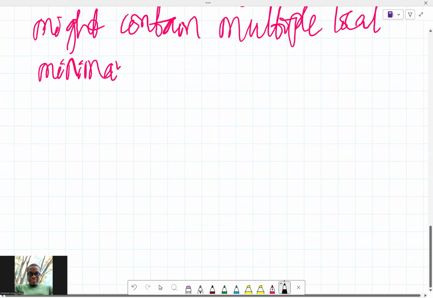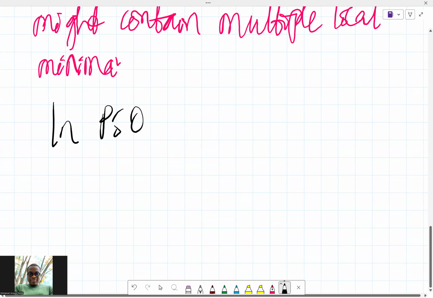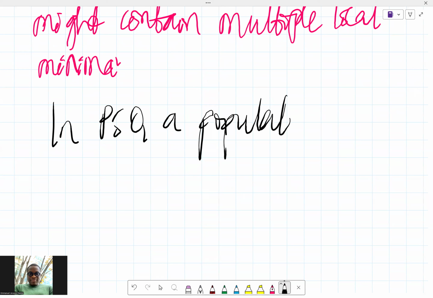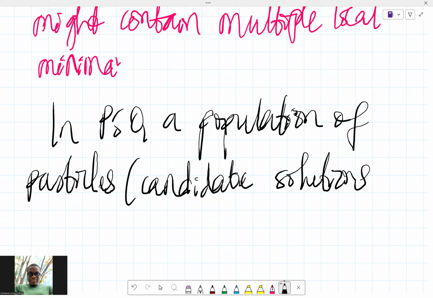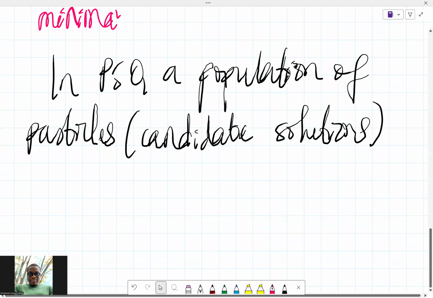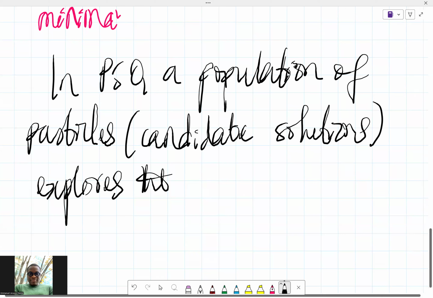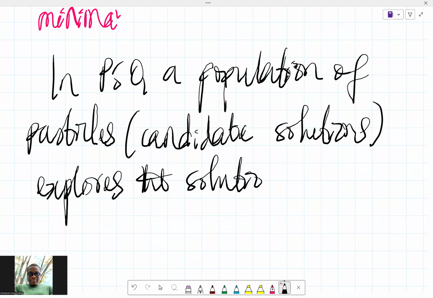Now, in particle swarm optimization, a population of particles, which in this case are like our candidate solutions, explores the solution space. It's like you have a whole bed of fish running around.